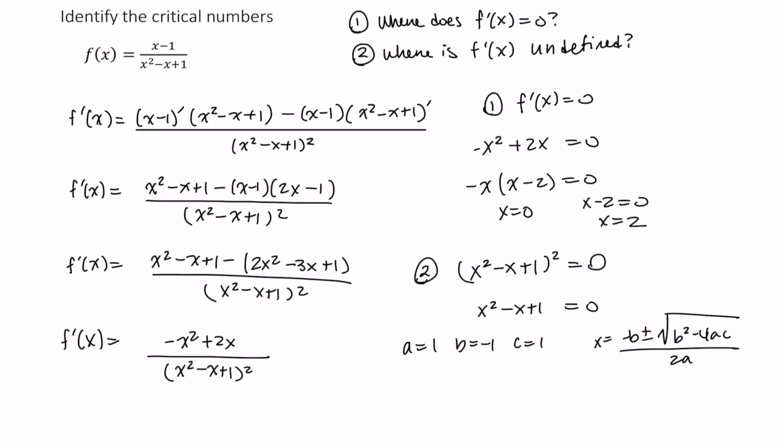Really quickly, though, we don't have to actually do all of this work. We can just look at what is inside this radical here called the discriminant. Now, there are three possibilities. B squared minus 4ac could be larger than 0. In that case, we have two roots. It could equal 0. In that case, we have one root, or it could be less than 0, in which case we have no roots, that is, no x-intercepts. And I'm going to make some space so I can just write this in here to the side.